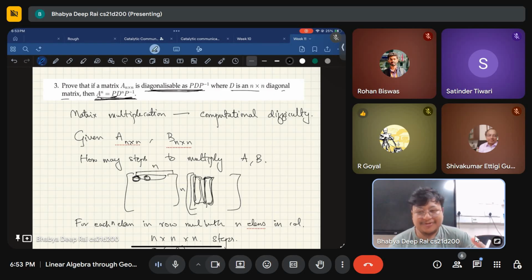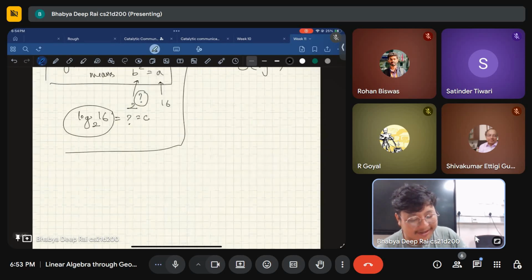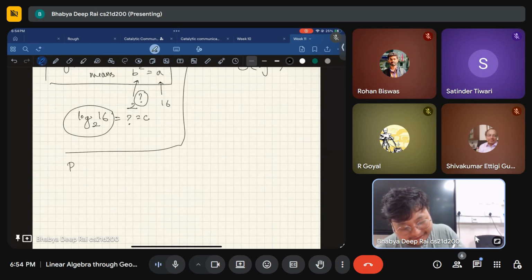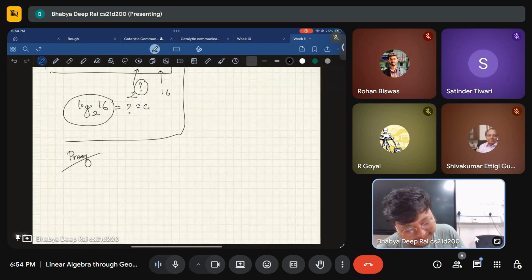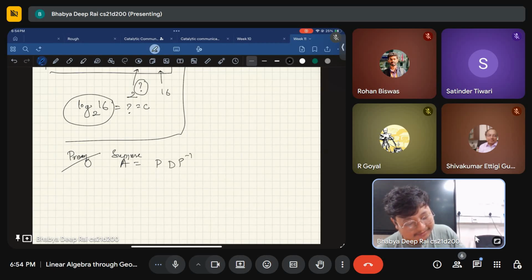Now you need to prove that if the matrix A is diagonalizable as PDP inverse, where D is a diagonal matrix, then A to the n is PD to the n P inverse. The proof is very straightforward. Suppose A is PDP inverse, and all of these are n cross n matrices, and D is a diagonal matrix.